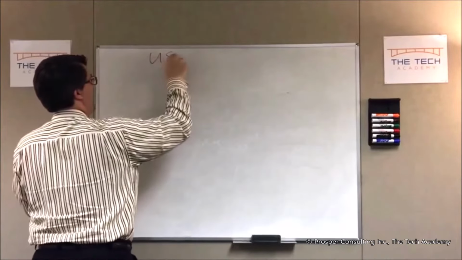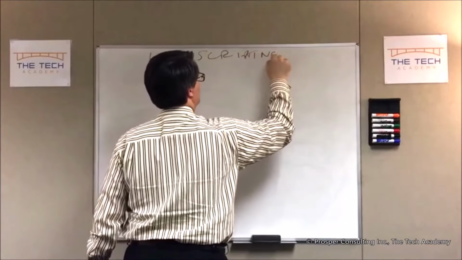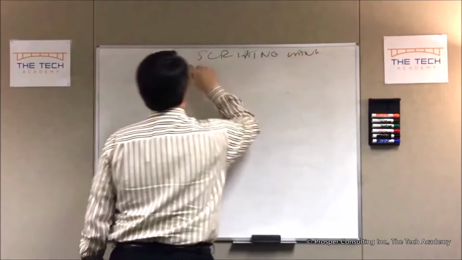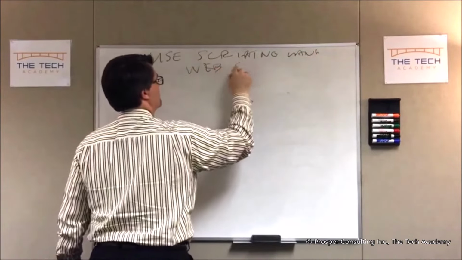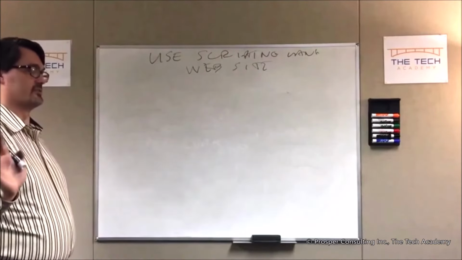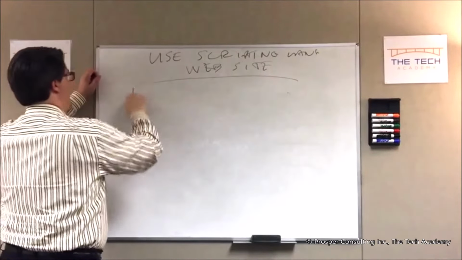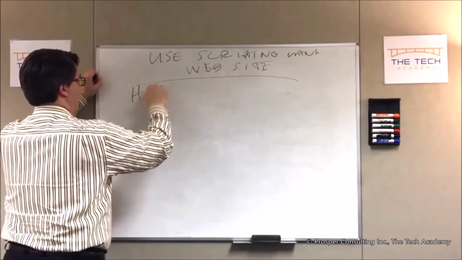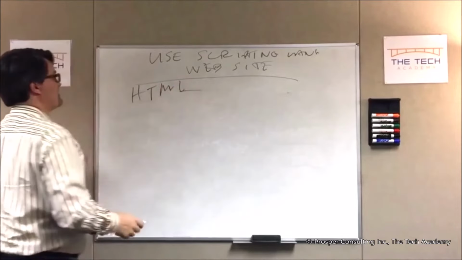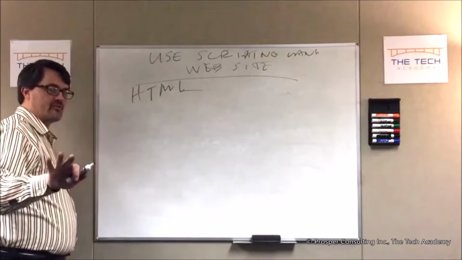Okay, we're going to talk about how to use scripting languages in your website. And this is going to be a very simple description. You're going to learn everything about how to do this in detail in your course. Remember that what you have in a web page, an individual page, is code written in HTML. And while you haven't yet coded in this, there were examples in your very first course.